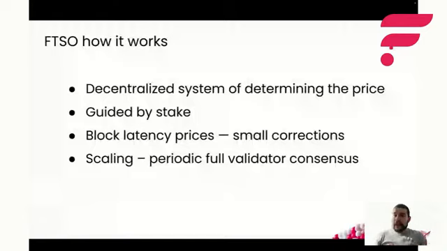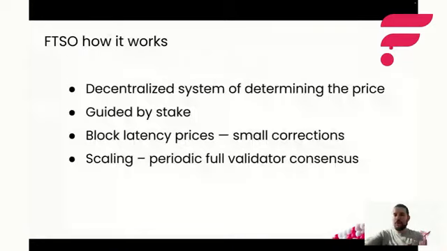The core idea is the following. We ask all data providers in the system to provide an approximation of what they think the Bitcoin price is. And then we don't take the average, because then somebody could massively impact the price of the final calculation, but we take a weighted median. So we take the value that is the most in the middle among those provided by data providers, but we consider how much stake they have, and we also make sure that we cap the stake at some point to prevent big providers and so on. We guide the search for the correct price by stake and arrive at the middle point on what they think that is.